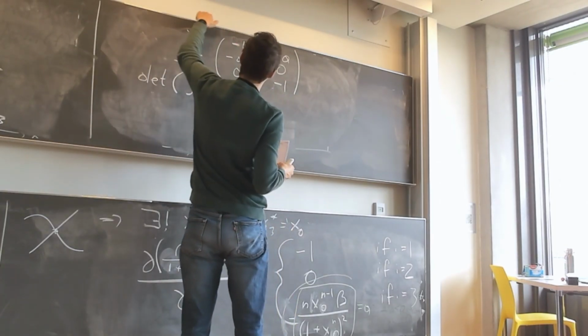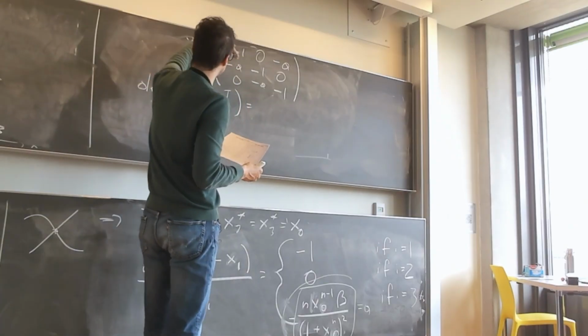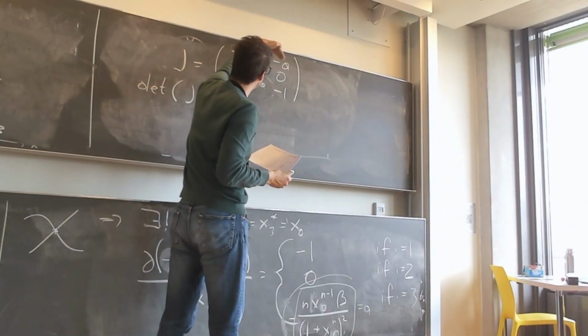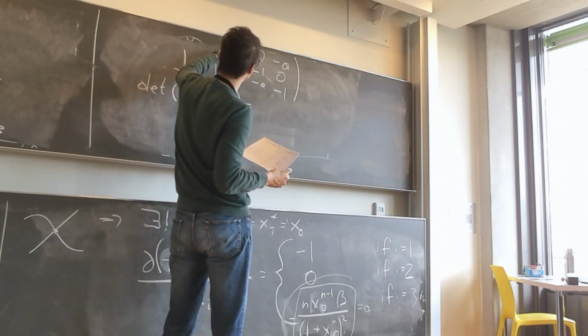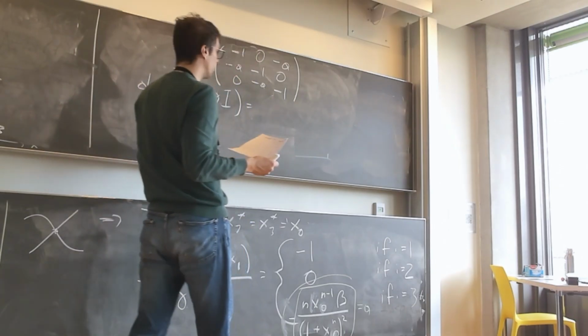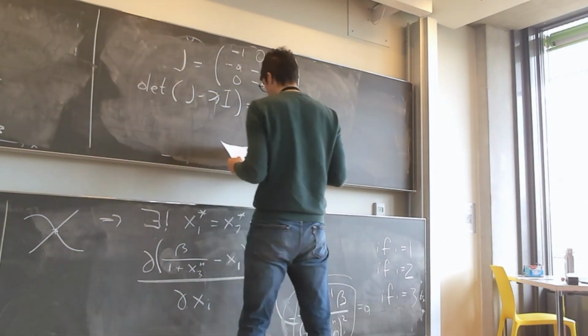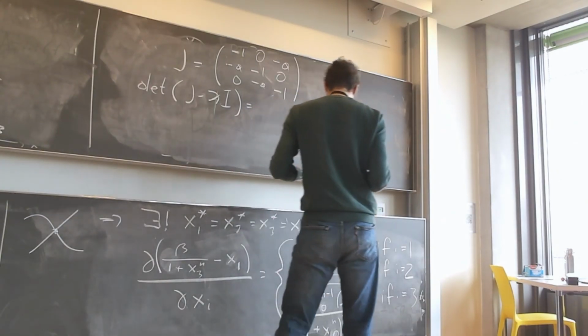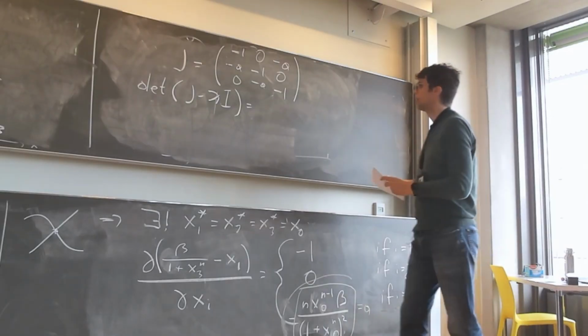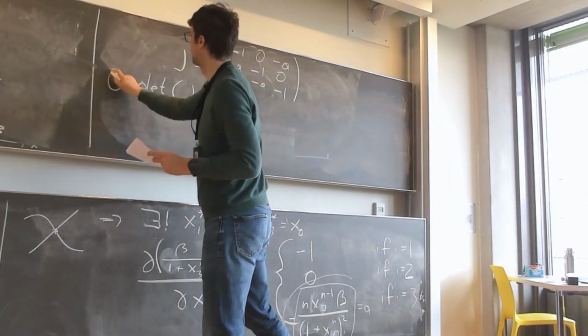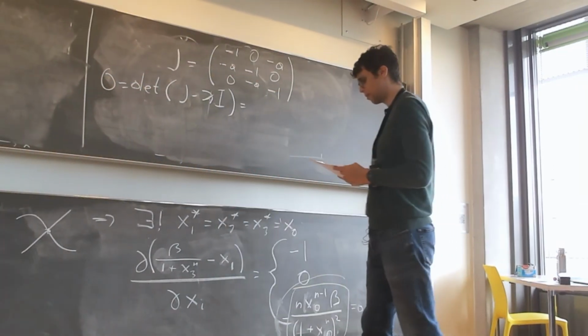If you know, the determinant of a 3 by 3 matrix is like you take these 3 diagonals, multiply together, plus, and then these 3 diagonals multiply together, and you put a minus there. So in our case, we solve 0 equal to the determinant here.